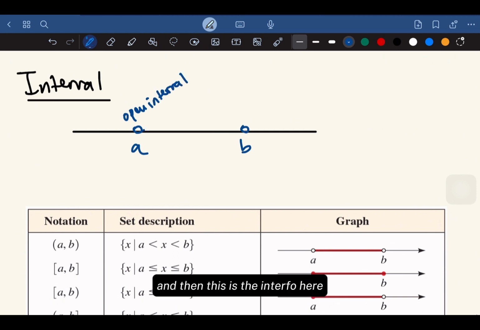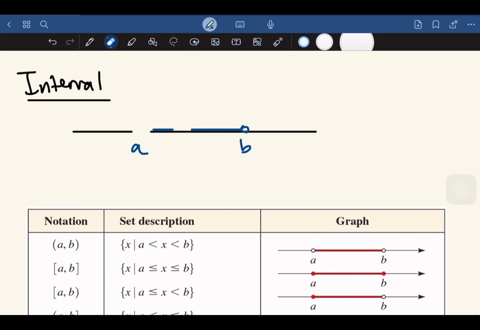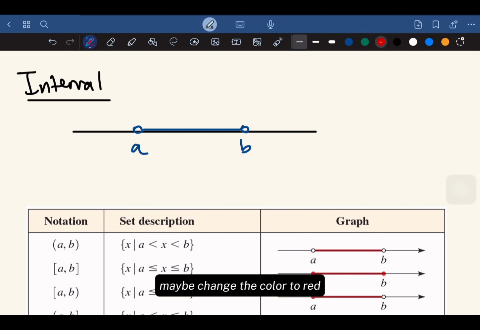And then this is the interval here. Maybe let me change the color to red.